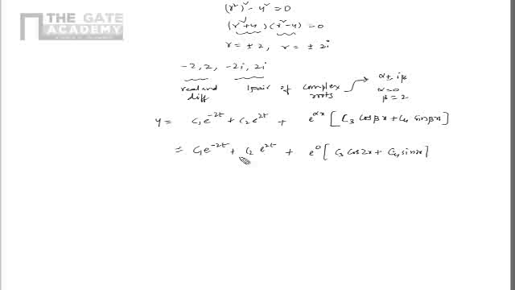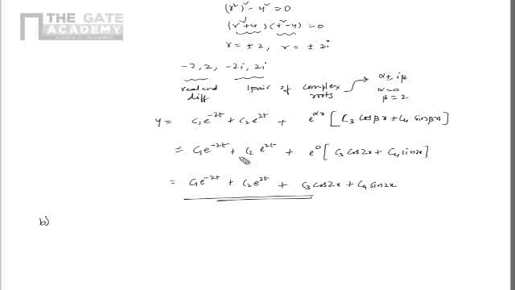So I can write this finally as something like this: e^0 is 1, so c3 cos 2x plus c4 sin 2x. So this is the solution. Note that there are 4 arbitrary constants because the order is 4.